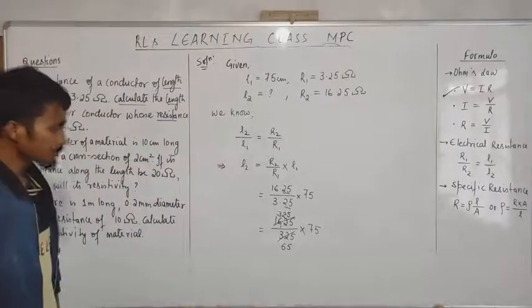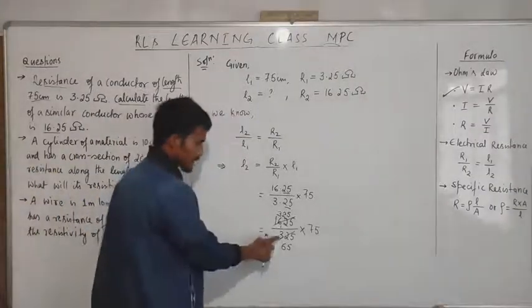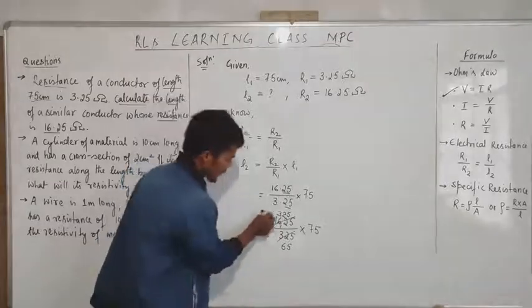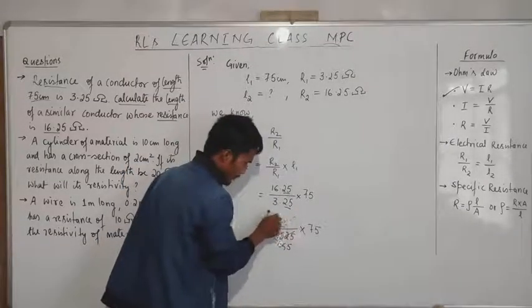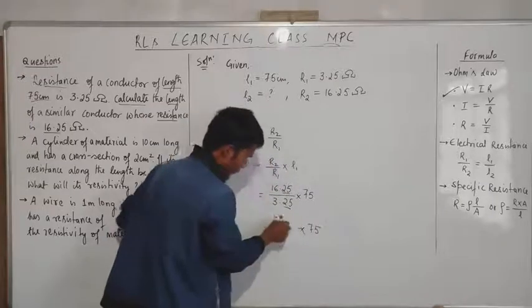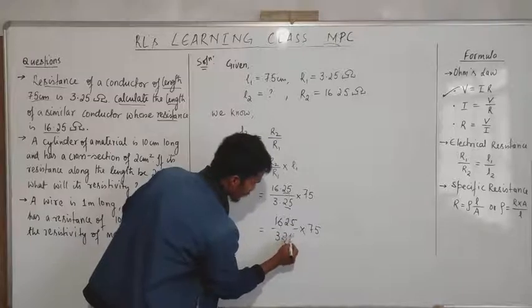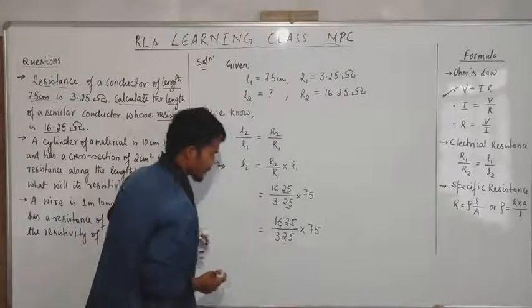Okay, then it's better to do like this. And now this 3 to 5, and here also this 3 to 5. Okay, 6 to 5, then 3 to 5. It's better we do like this.